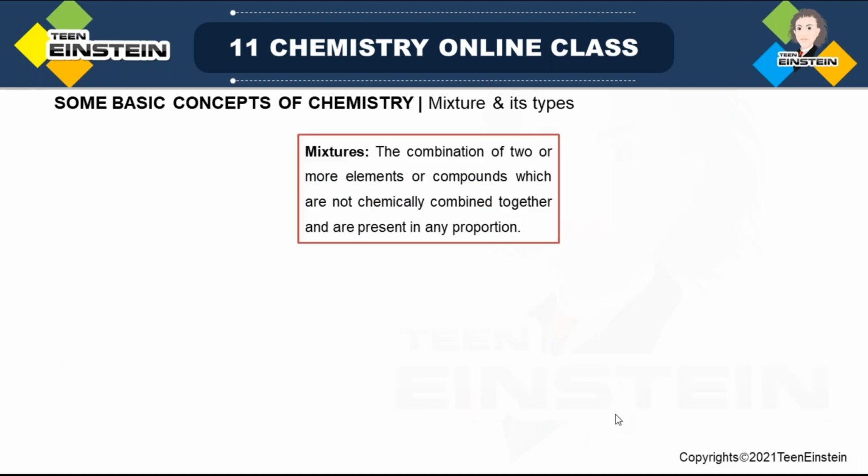Mixture and its types. Now we will elaborate the discussion of mixture, because under this mixture category we have seen that there are two types: homogeneous and heterogeneous. A mixture is a combination of two or more elements or compounds.